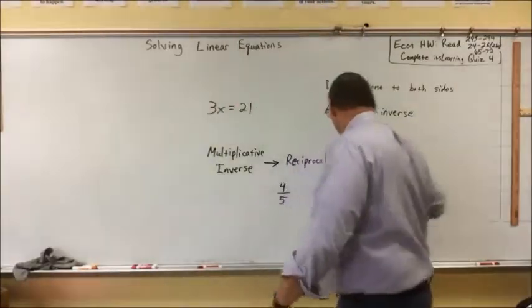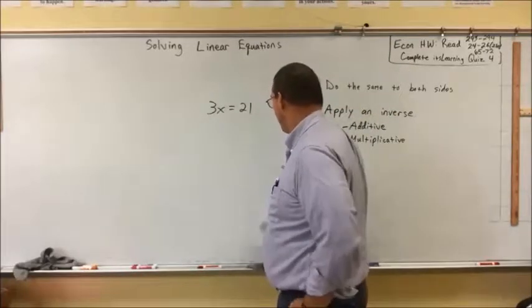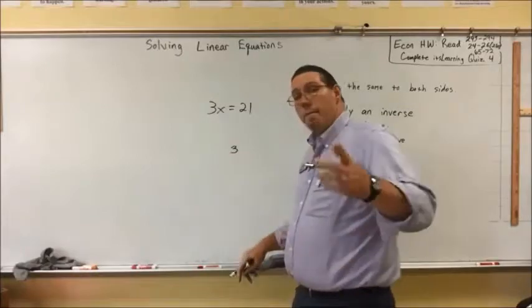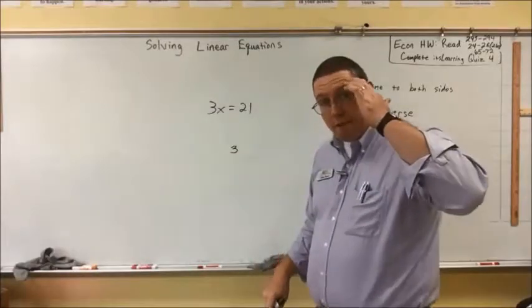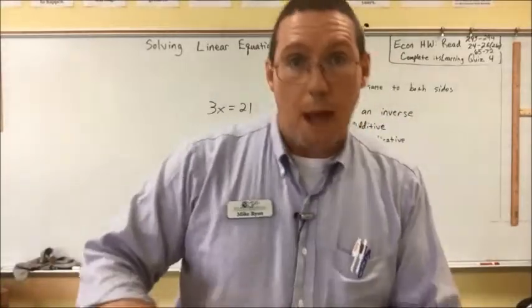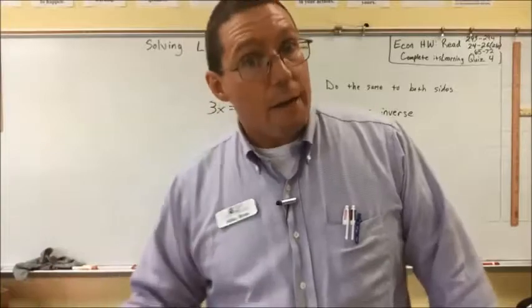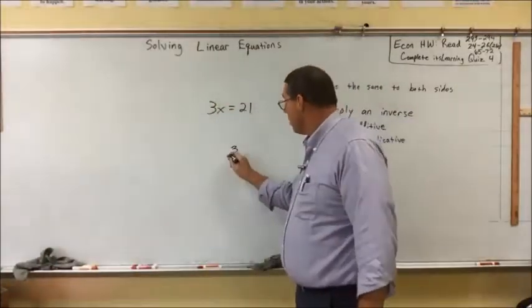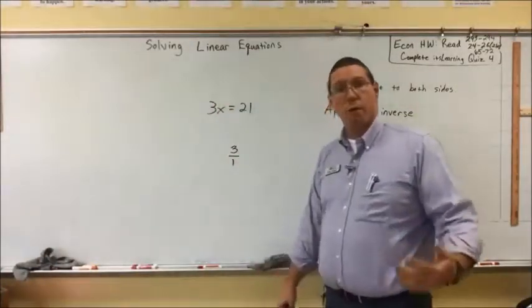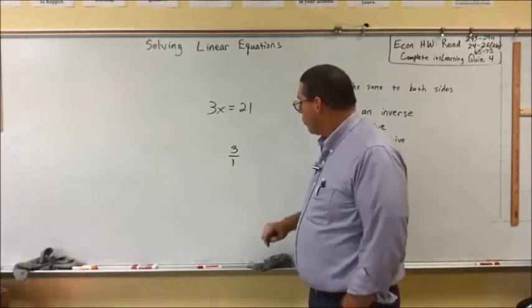But what's the reciprocal of 3? Okay, let's look at that. The reciprocal of 3. 3 is a number. But remember, this is something you always have to remember. All numbers, in addition to always being multiplied by 1, are also always divided by 1. So this 3 is the same thing as 3 divided by 1. It's 3/1. So 3 is the fraction 3/1.